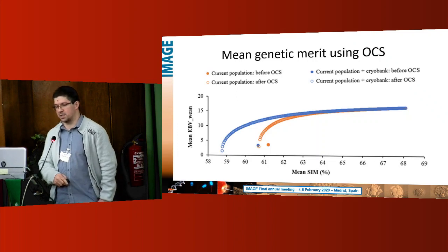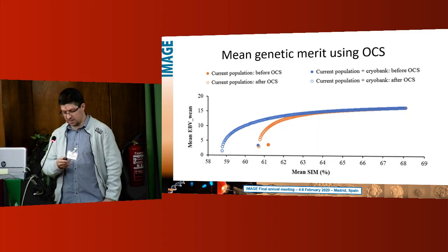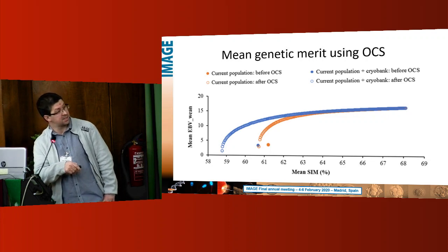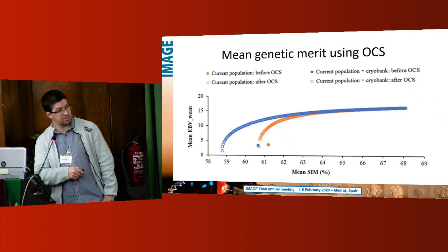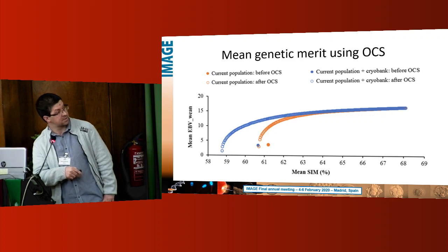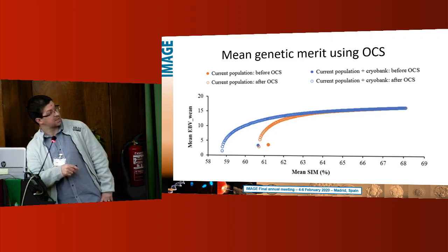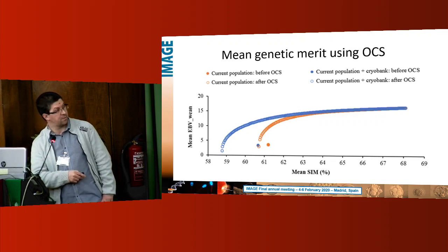And this is more or less a summary graph showing similarity level on the x-axis. The less similar the animals are, the more diverse they are, and the y-axis is the mean estimated breeding value for weaning weight.